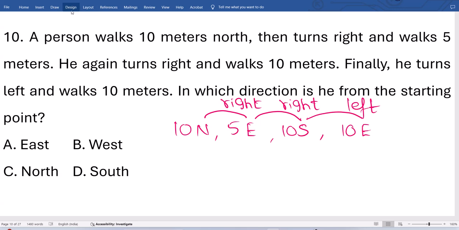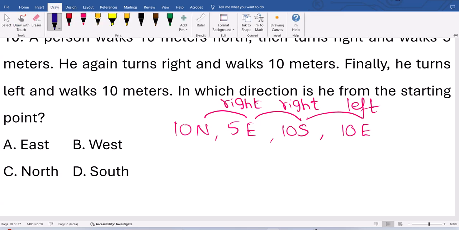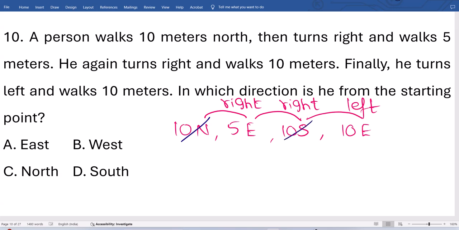Now what will happen? 10 north and 10 south are opposite, so they cancel. What is left over? So that person is 15 meters from the starting point, in the east direction. That's it. Distance is 15, direction is east.